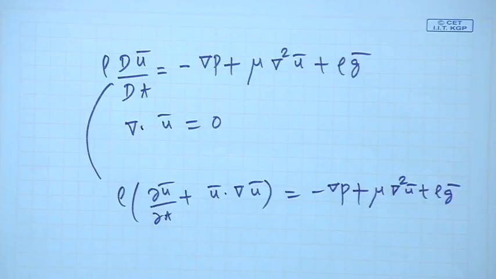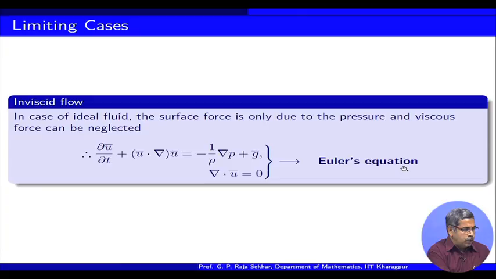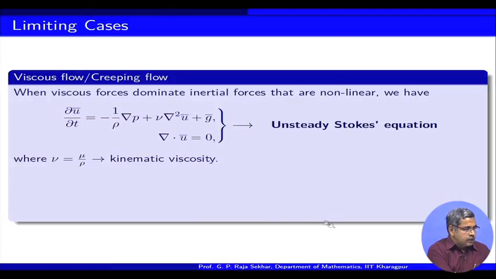Now, if you assume that the viscous forces are neglected, then you get this. If the viscous forces are neglected, this is inviscid flow, and these equations are called Euler's equations. You can see there are no viscous forces in this. Similarly, if you neglect inertial forces under the assumption that viscous forces dominate inertial forces, then you get a linear equation.